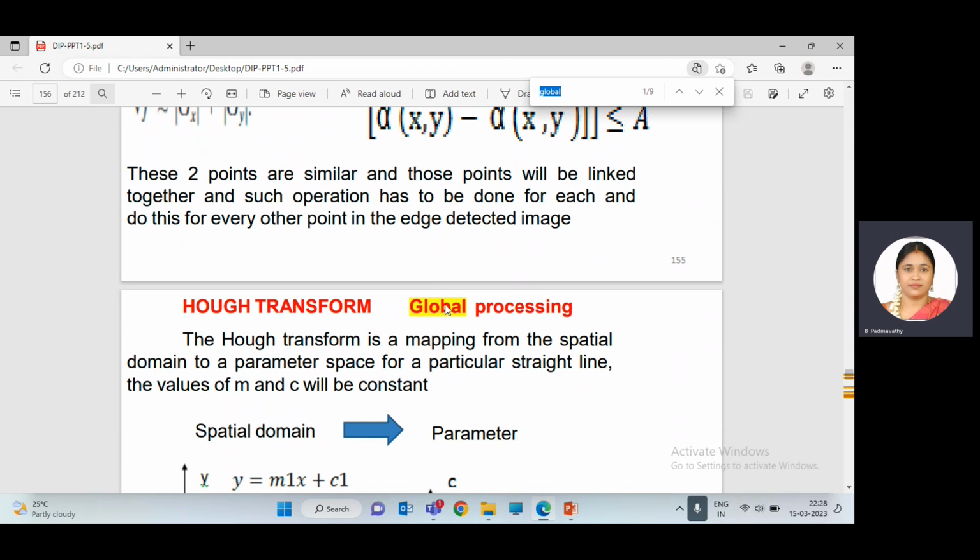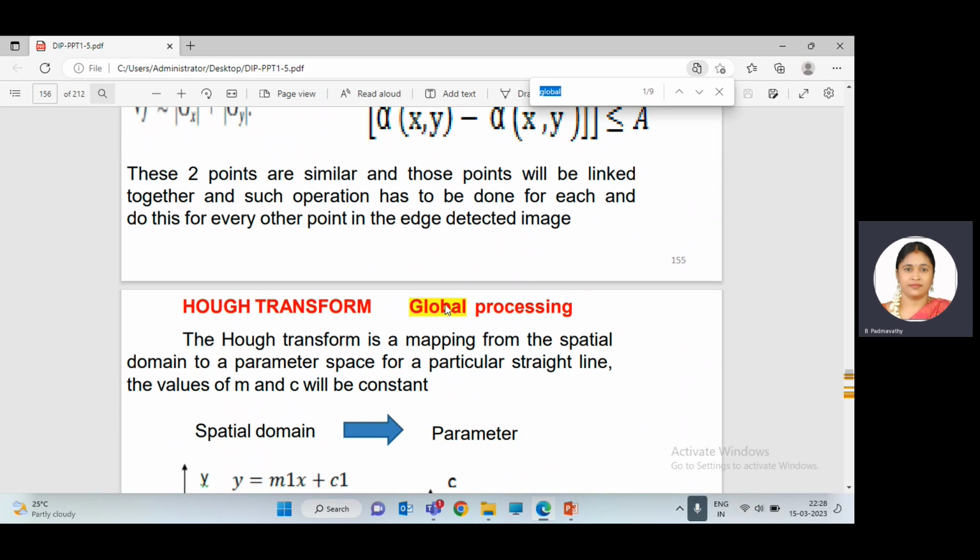So why are we going for edge linking and boundary detection? Because edge detection yields pixels which lie on the edges, but it does not characterize the edge completely because of noise, breaks in the edge from non-uniform illumination, and other effects which introduce spurious intensity discontinuities.